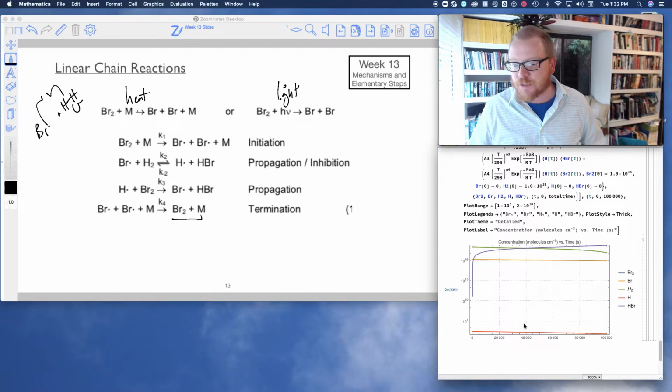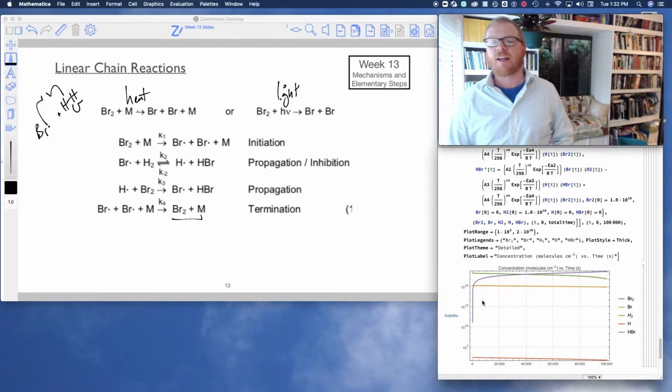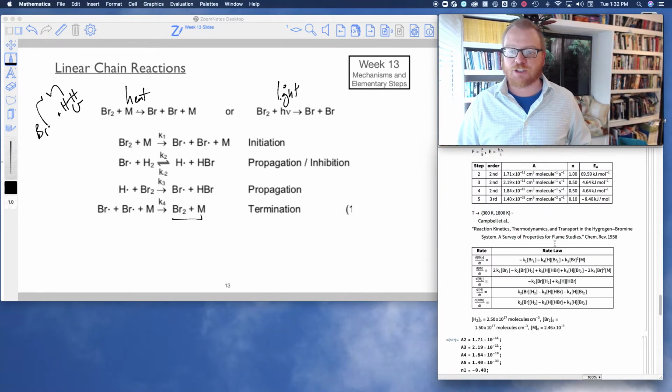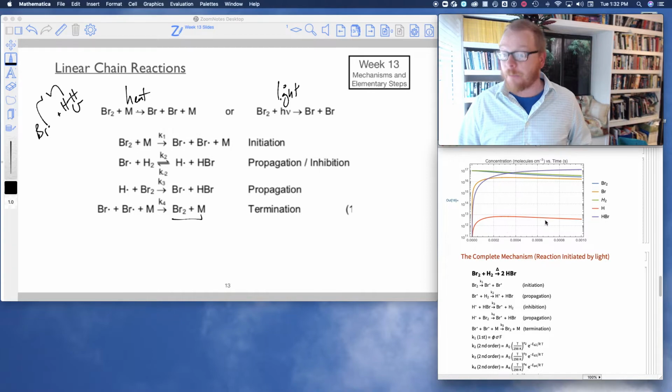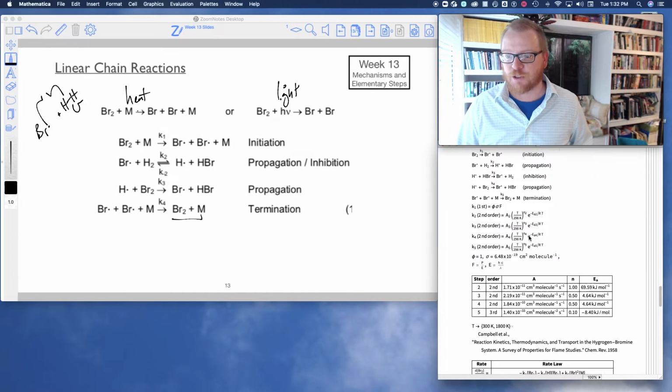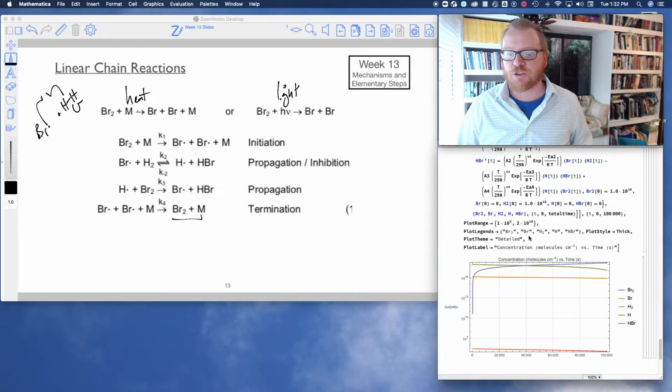You also notice that it's producing hydrogen at a fairly steady state. However, the concentration of hydrogen is way smaller than the concentration of hydrogen generated up here. Hydrogen spikes to about 10^13 molecules per cubic centimeter, and in the reaction driven by light, hydrogen barely hits 10^7 molecules per cubic centimeter.